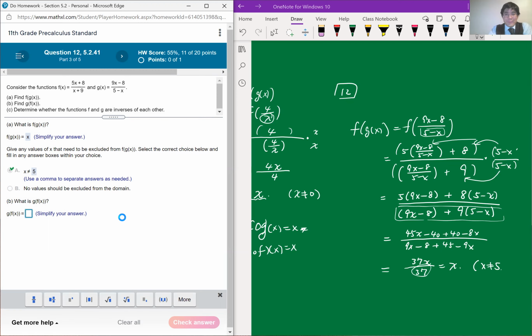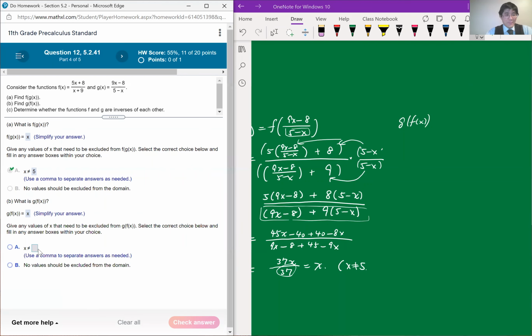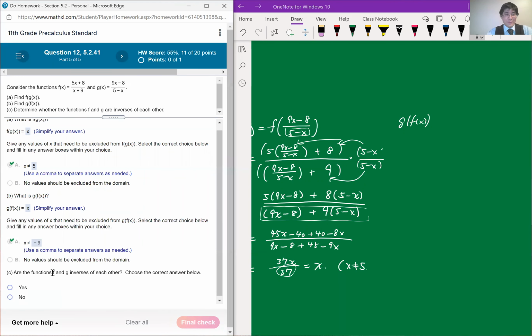Okay, g of f of x. The computation will be about the same, so I'm going to skip this, but it's going to be x, and any number except negative 9 would work. So they are inverse of each other.